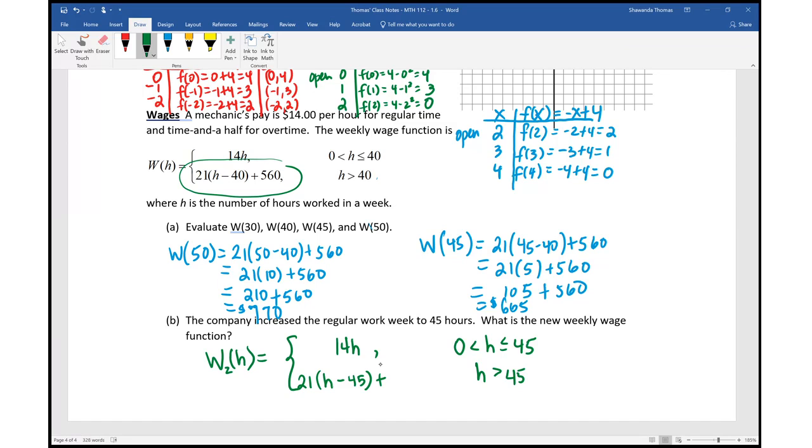If it's 45 hours. All right. So we would change it because 45 hours will give us $665 instead. So that's how the weekly wage function would change if the company increased the regular work week to 45 hours.